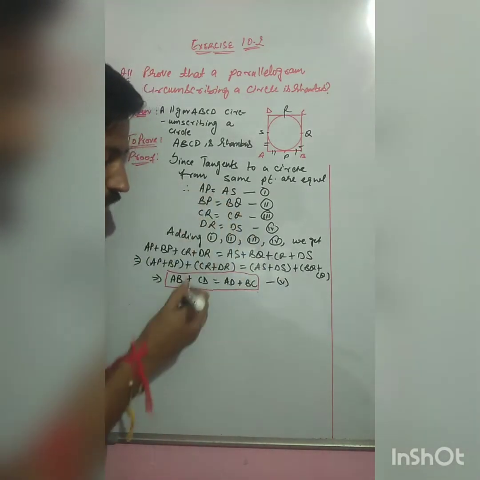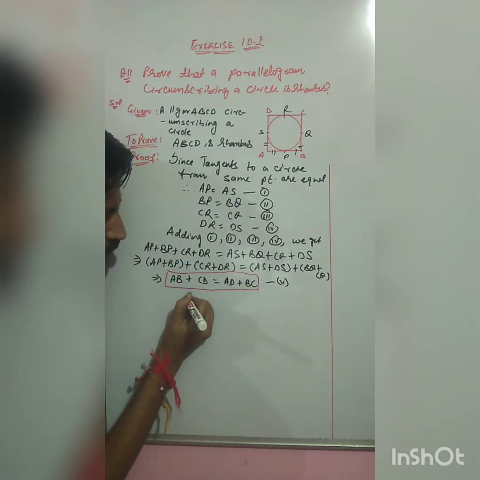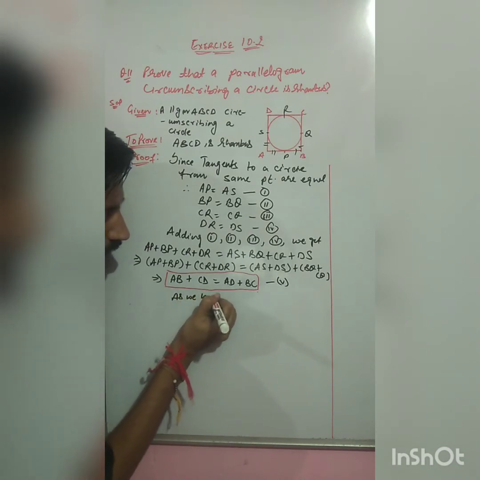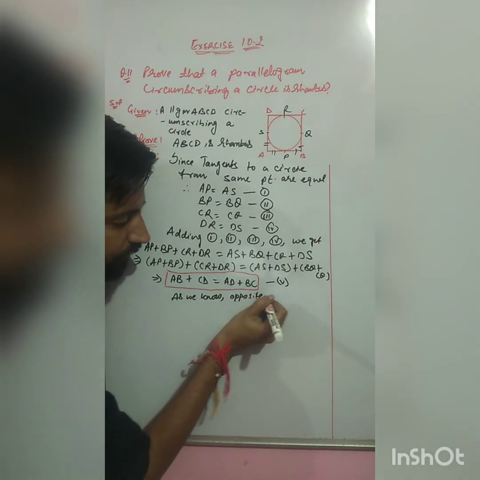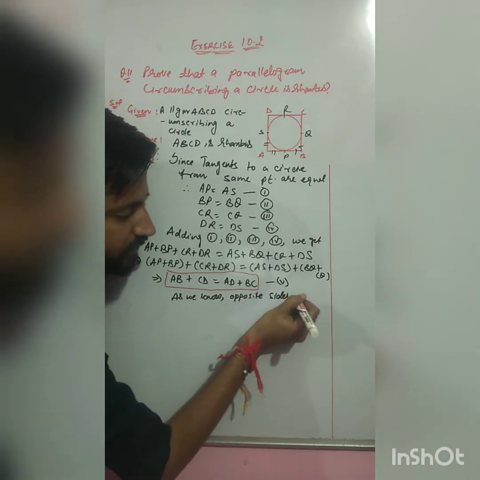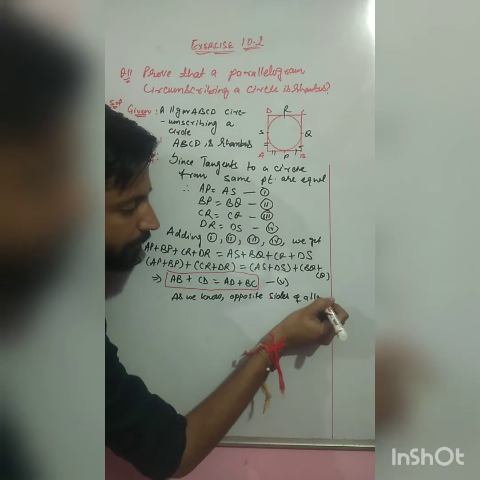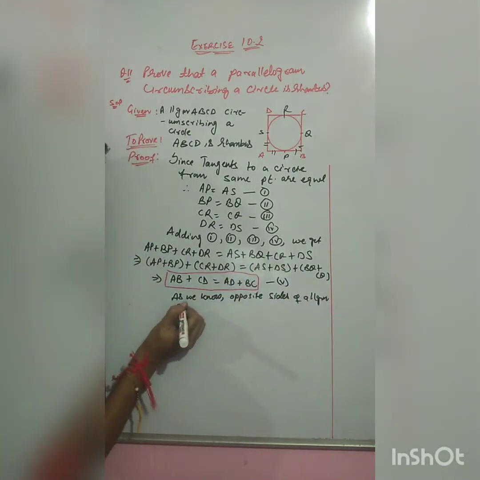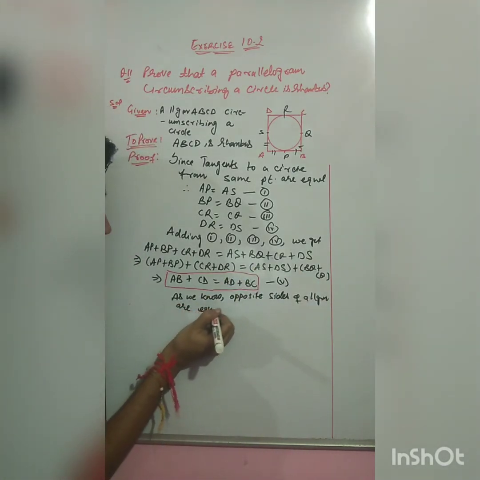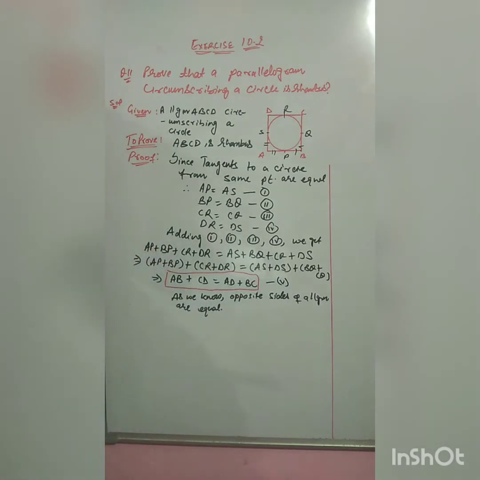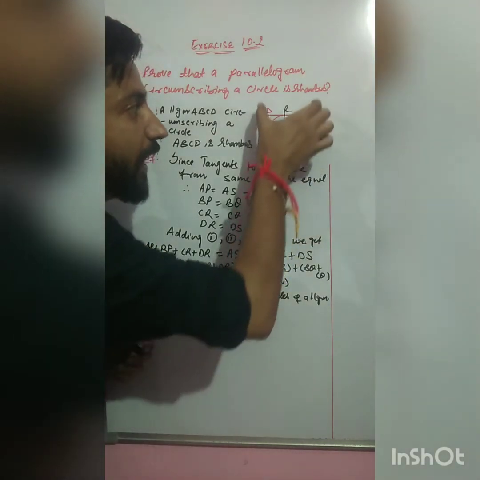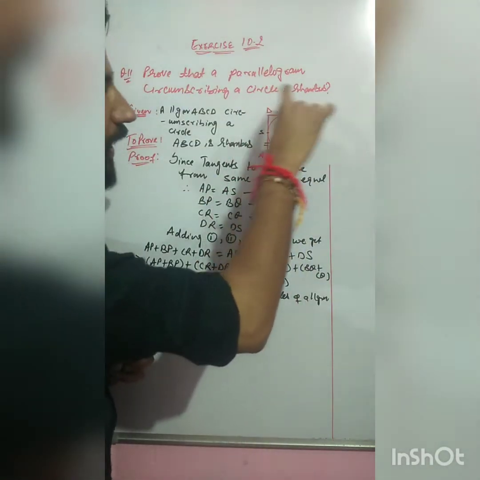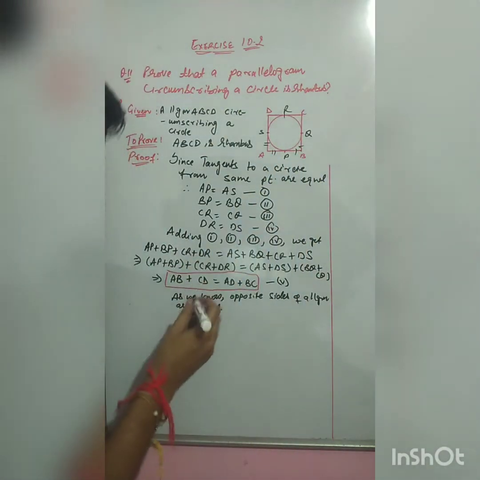Now, one more property, as we know, opposite sides of a parallelogram are equal. So AB and CD would be equal, AD and BC would be equal.